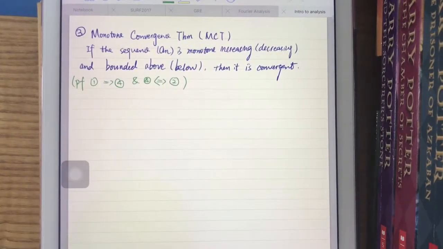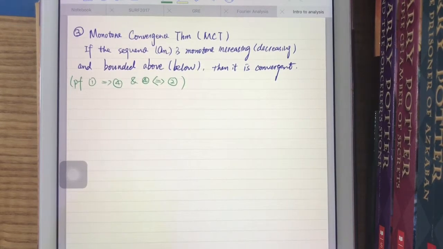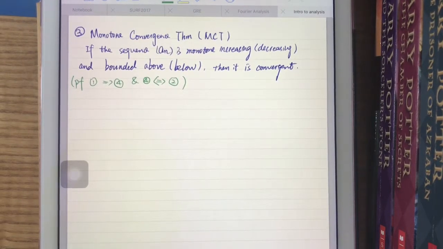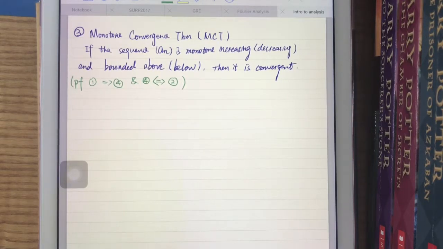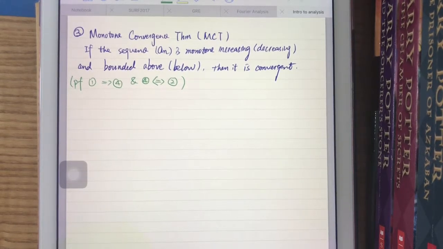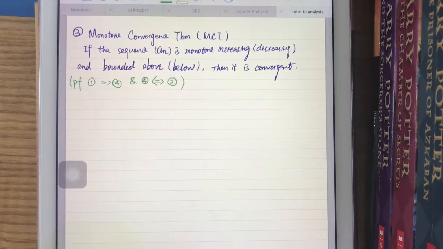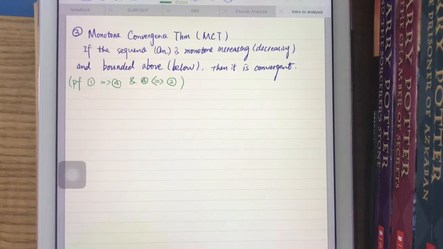Now we move on to the second theorem, which is the monotone convergence theorem, MCT. It says that if the sequence An is monotone increasing or decreasing and bounded above or below, then it is convergent.